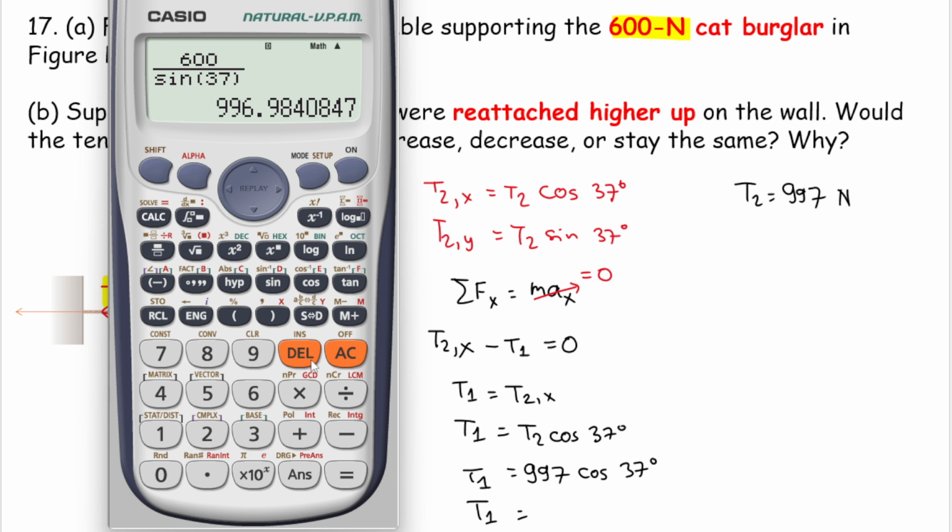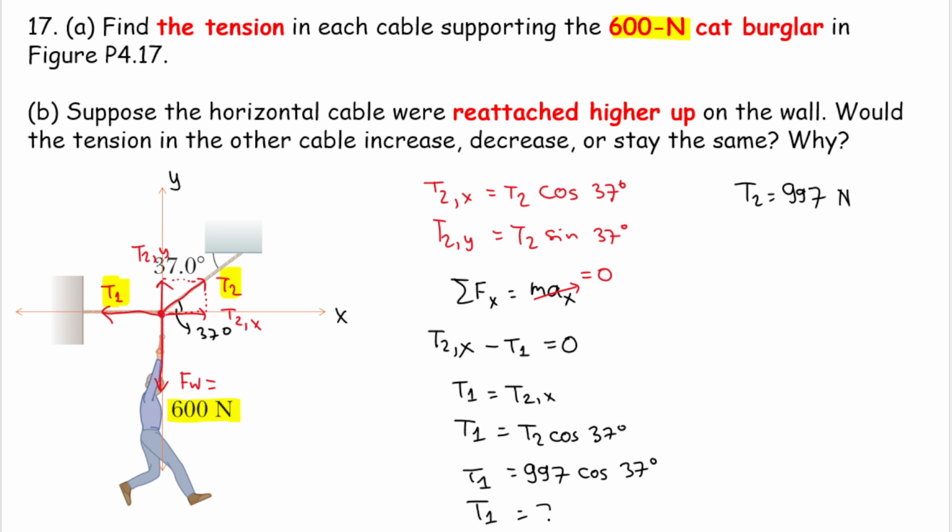What is it? 997 cosine 37. Okay, I will have 796 Newton. Good. So T1 here is 796 Newton, and that is the answer for question A.